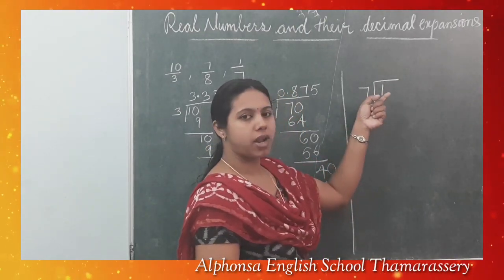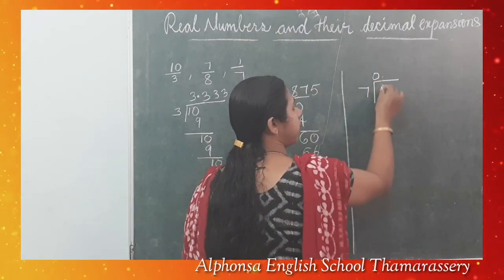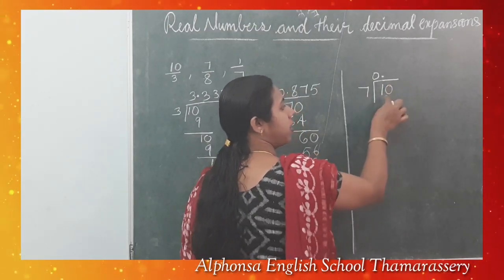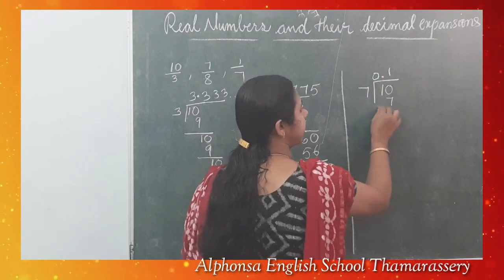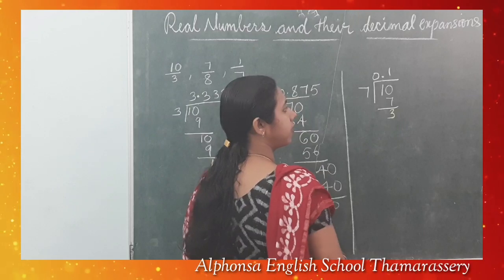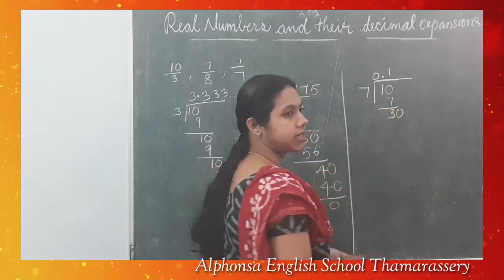The next number is 1 by 7. Here 1 is smaller than 7, so you have to put 0 point. Now it will be 10. In 10, how many 7s are there? 1 7 is 7. Remainder 3. Now put 0. Now it is 30.